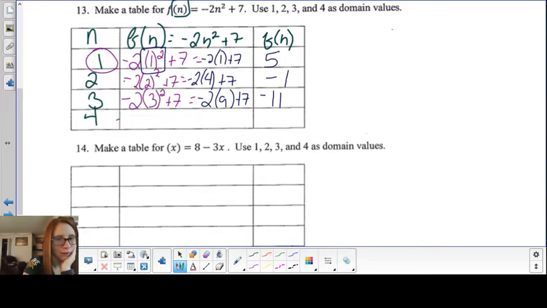Next one is I have negative 2 times 4 squared plus 7. Four times 4 is 16. So I have negative 2 times 16 plus 7.